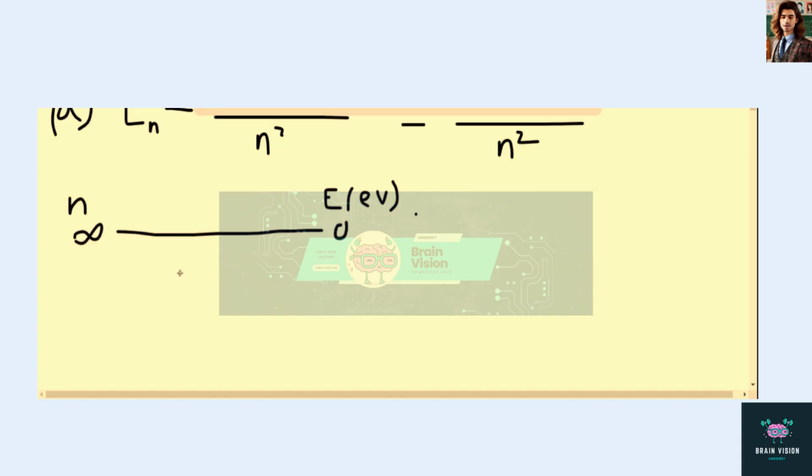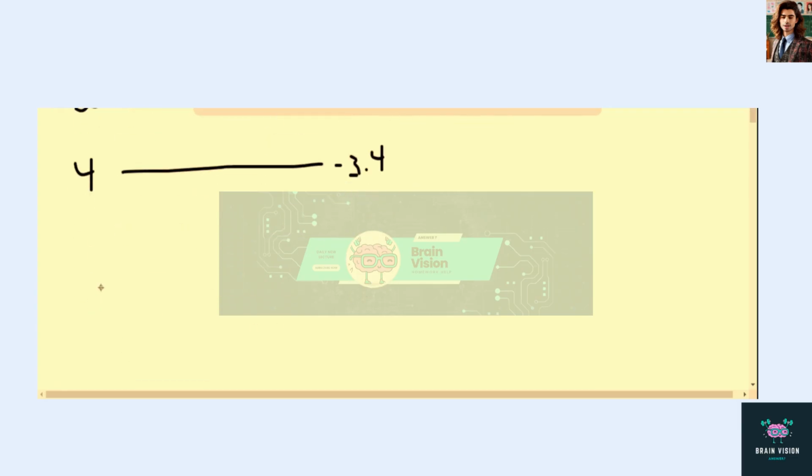Now I'm going to start with n equals 4. You could, of course, write in a bunch more, but let's just start with n equals 4. If you plug in 4, you get negative 3.4. How about n equals 3?